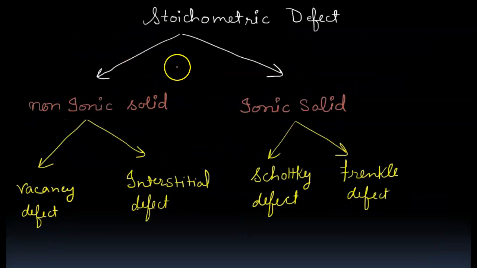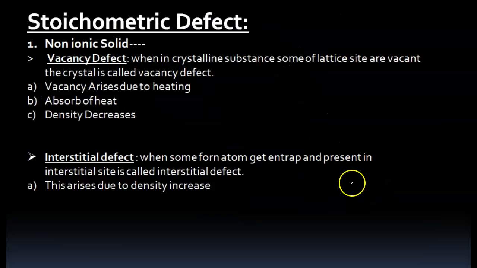Next, stoichiometric defect has two classifications, for example non-ionic solid and ionic solid. Non-ionic solid has two types, vacancy defect and interstitial defect, and under ionic solid we will discuss Schottky defect and Frenkel defect.